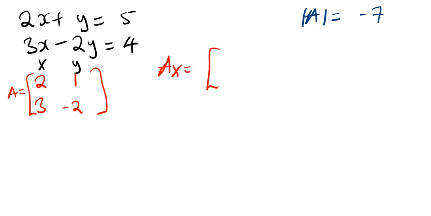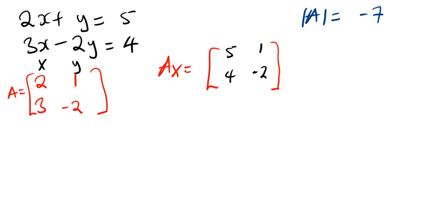When we want to find AX, we are going to replace the column of x with the constants on this side, which are 5 and 4. So I'm going to put 5, I'm going to put 4, then y is going to remain the way it is.